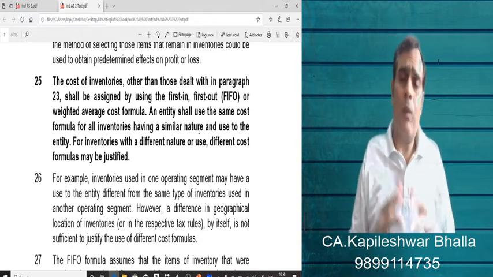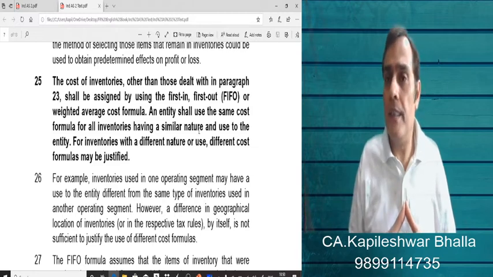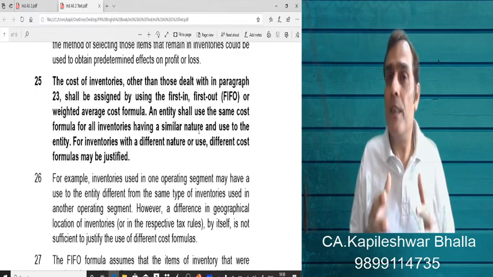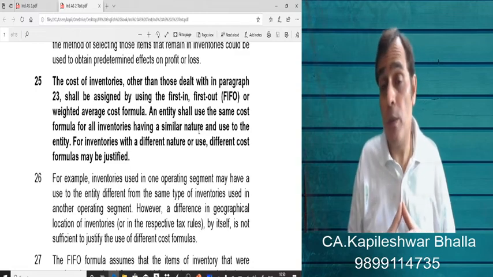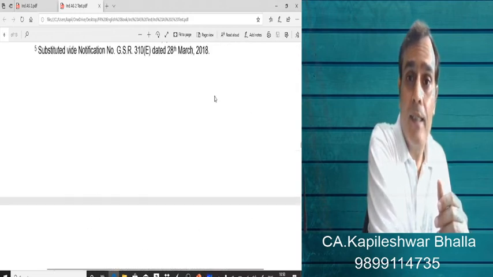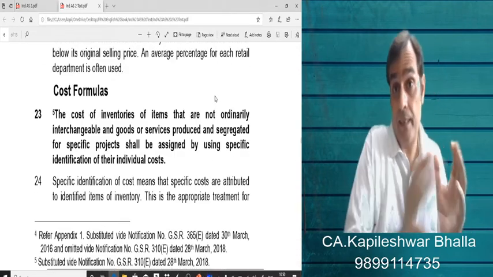Once we decide that it is ordinarily interchangeable or not, we need to see which method would apply. Let me go back to para number 23 and take a small practical example as well.